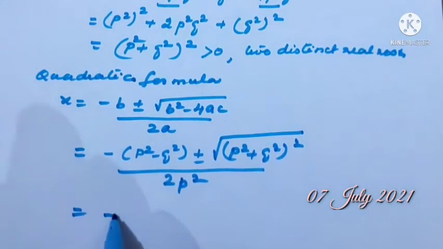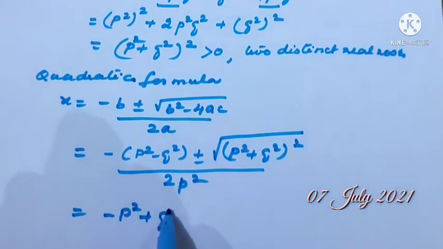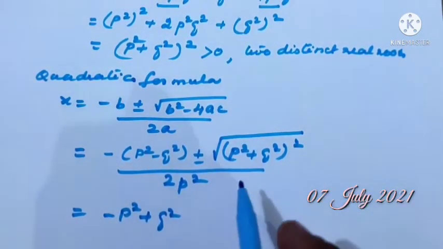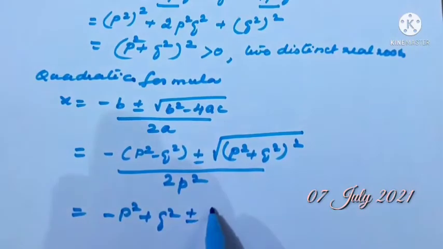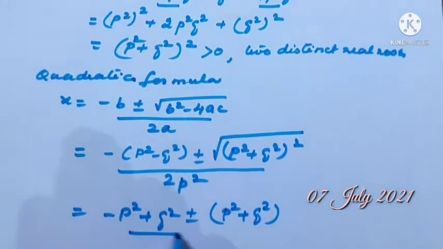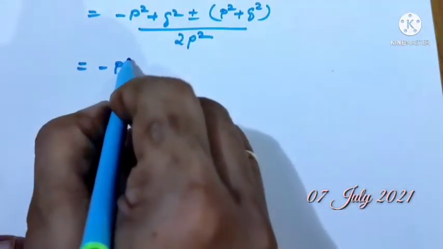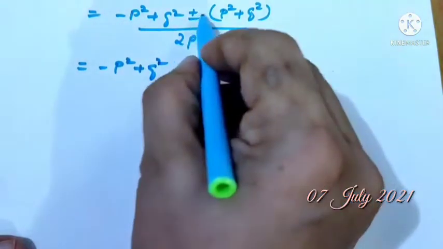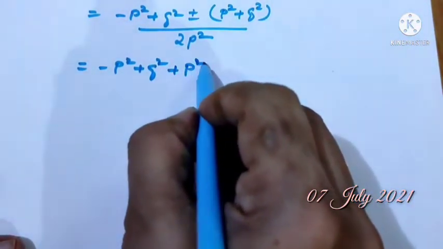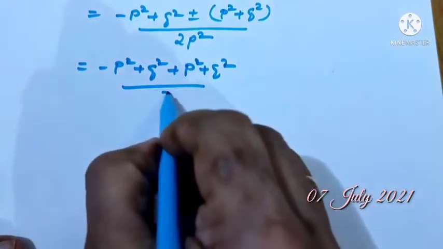So minus sign, minus p square plus q square. Since it is a square, we can take out the root like this, p square plus q square only, divided by 2p square. So minus p square plus q square, first plus sign, plus p square plus q square by 2p square.